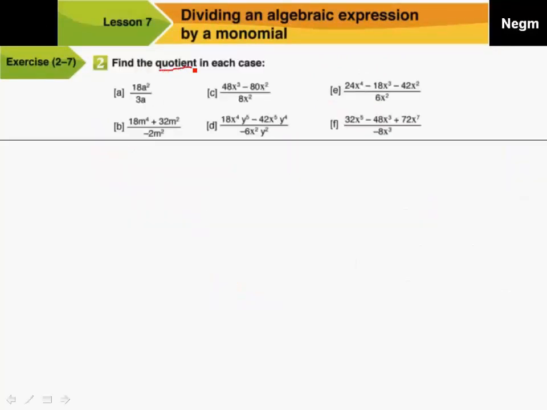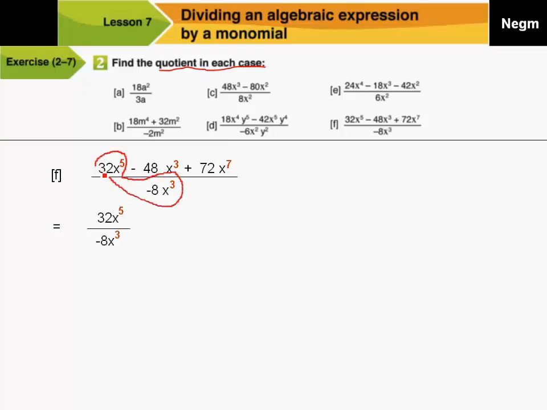Find the quotient in each case. I think all can be solved the same way, but we will solve, for example, f together. We know this will be this. We will take this divided by that one minus the second divided by the denominator plus the third divided by the denominator.